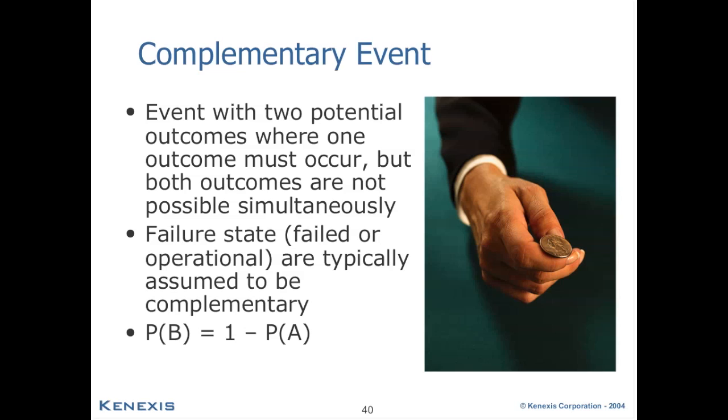On the other side of that, there are complementary events, where we consider two potential events that cannot occur simultaneously. Failure states, whether failed or operational, are typically assumed to be complementary. Where these are concerned, the probability of the complementary event will be equal to 1 minus the probability of the other event.